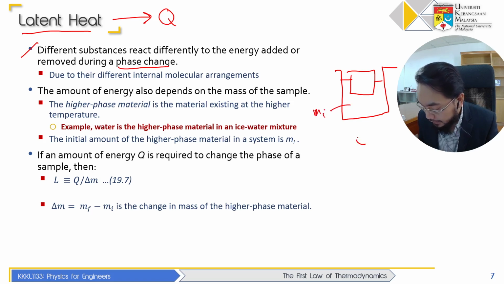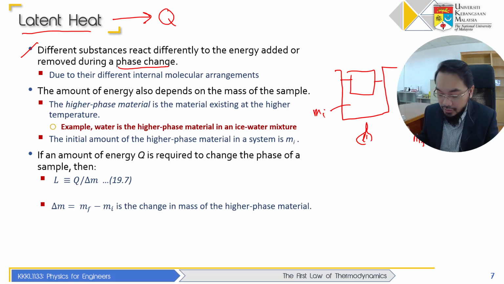As you heat up the glass, the ice will shrink because most of the ice will change phase from solid to liquid. Therefore you will have more water and less ice. At the end, the mass of the water has increased because some of the ice has melted, changing phase between solid and liquid.